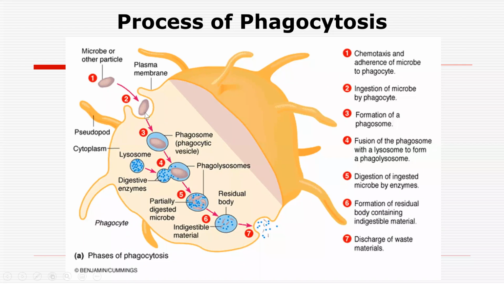But purely, actually, it is a pulling mechanism. Now, at the end of the day, the pathogen will be encircled by that pseudopodia, forming what we call a phagosome.